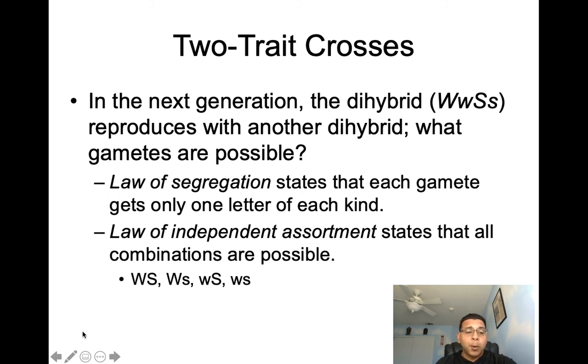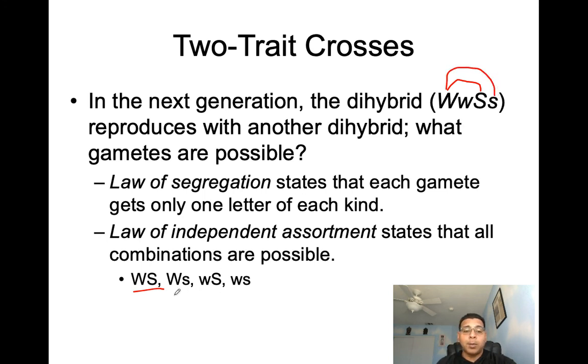So here, if we were to look at this, one possible type of combination can be capital W and a capital S, which we see right inside of here. The next possible combination is a capital W and a lowercase s.